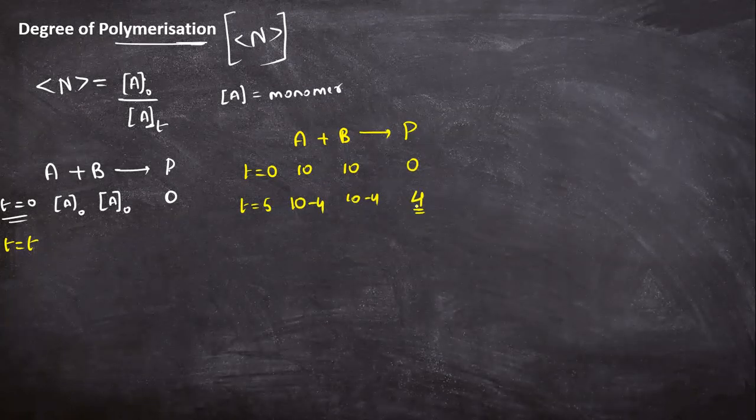So at time t, at 5 minutes, the concentration of A will be 6, the concentration of B will be 6, and the concentration of the polymer P will be 4.